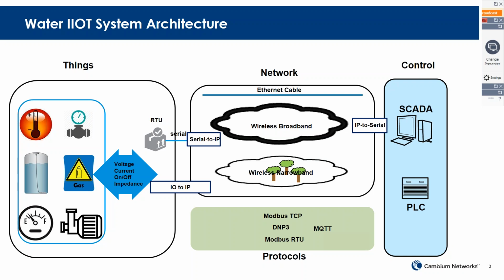So let's take a look at the water IIoT system architecture. What is IIoT? IIoT stands for Industrial Internet of Things. When we talk about Industrial Internet of Things, it's different from what people typically think about IoT, for example residential, like smart home.